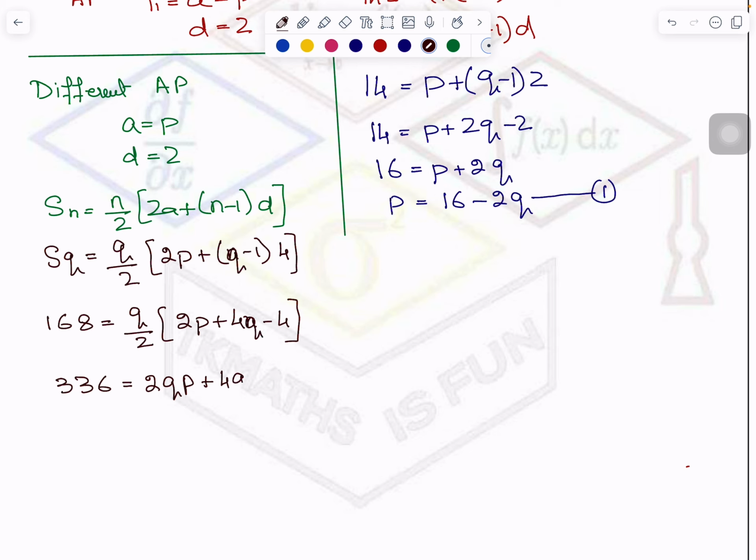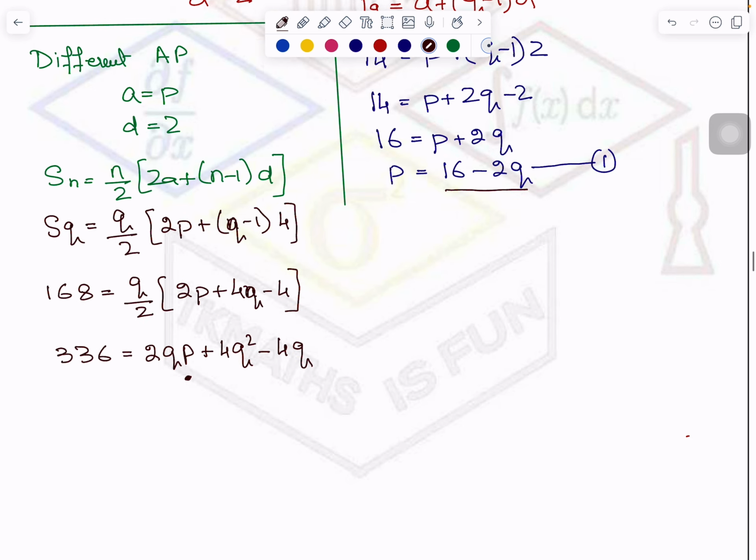Now this p I will replace by 16 minus 2q. So I'm writing 336 equals 2q, instead of p writing 16 minus 2q, plus 4q squared minus 4q.